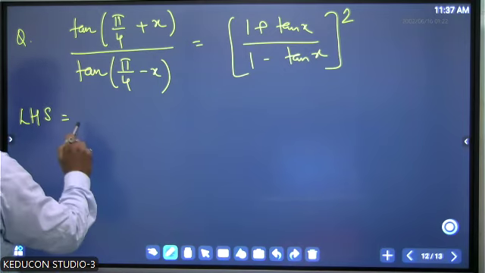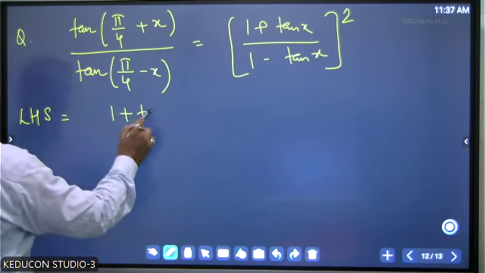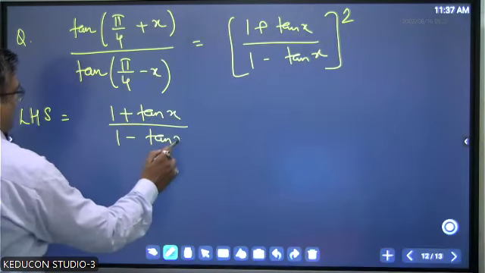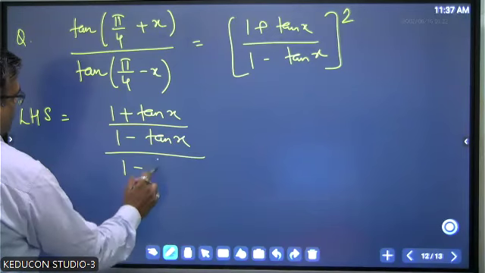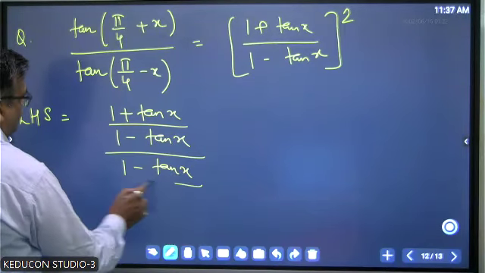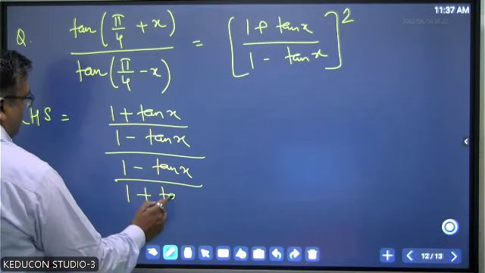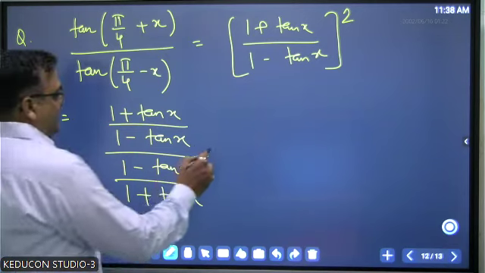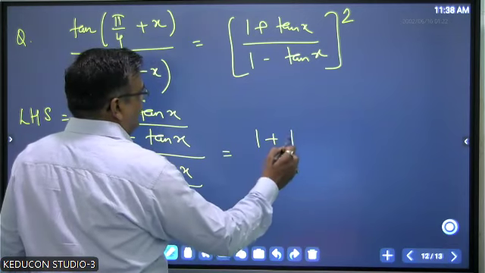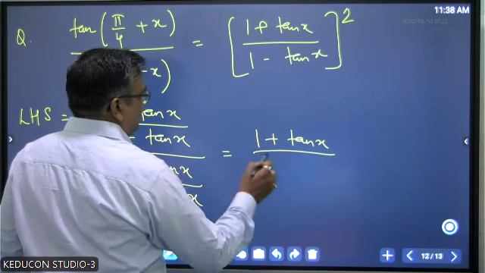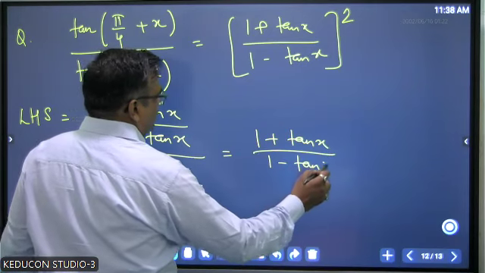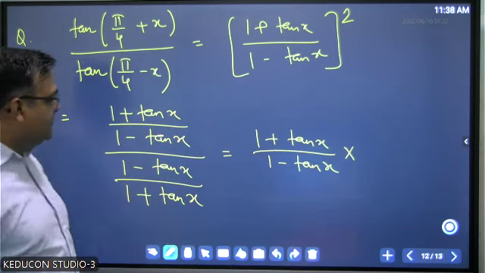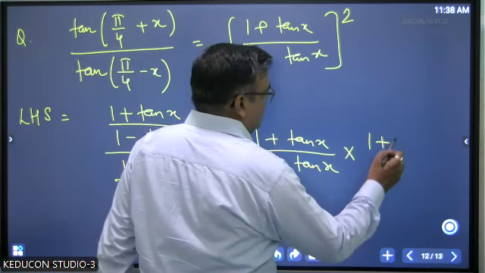Tan of pi by 4 plus x is 1 plus tan x over 1 minus tan x, divided by 1 minus tan x over 1 plus tan x. Now you will solve it properly. 1 plus tan x over 1 minus tan x, then you will multiply this, so then it can be reciprocal.